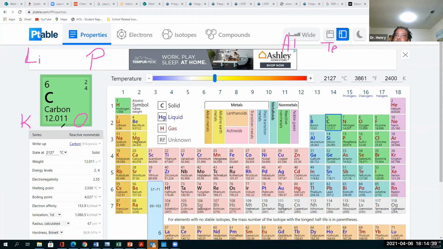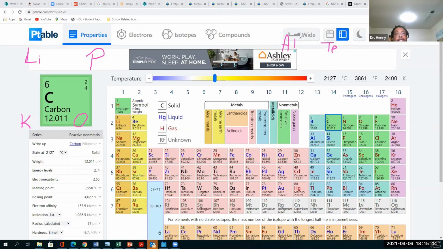These guys go together, these guys go together, and these guys go together. So for number 1, would it be Li3P? Yeah, that's what I got. Isn't it LiP3?